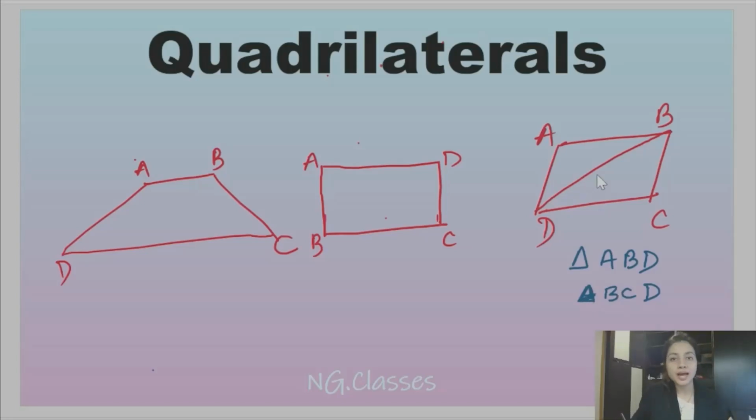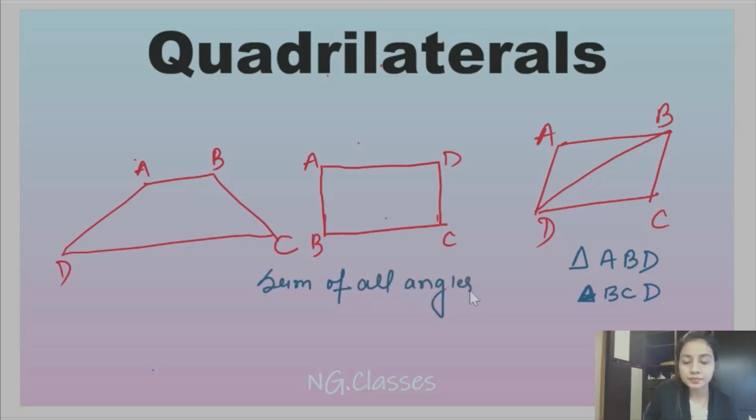Okay, we know the angle sum property of a triangle, that is, the sum of all angles of a triangle is equal to 180 degrees, right? This one you know already.